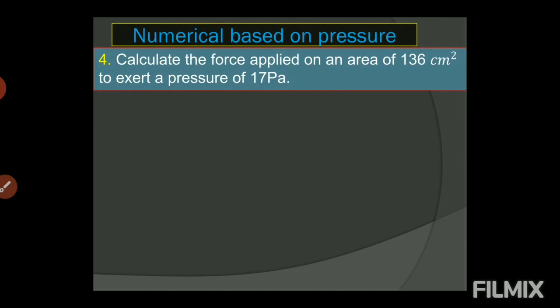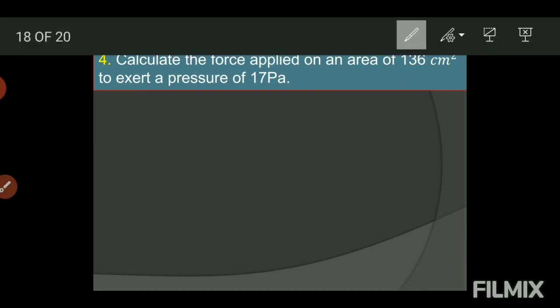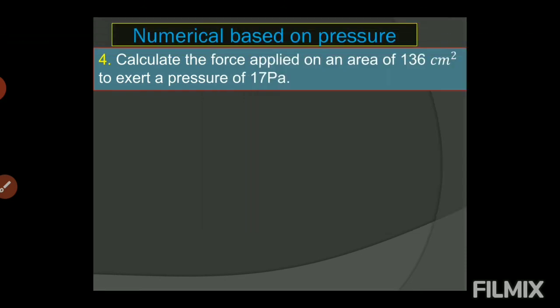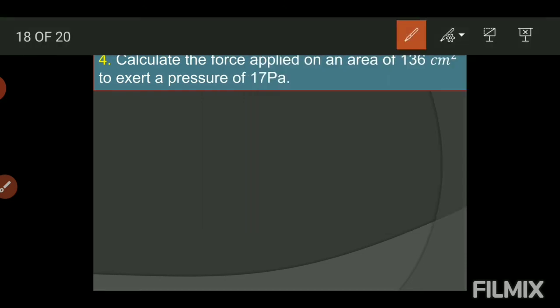There is one more numerical where you are given the area and the pressure, and you are supposed to find out the force applied. Now in this case, you have to go for the next formula. So you remember the formulas.